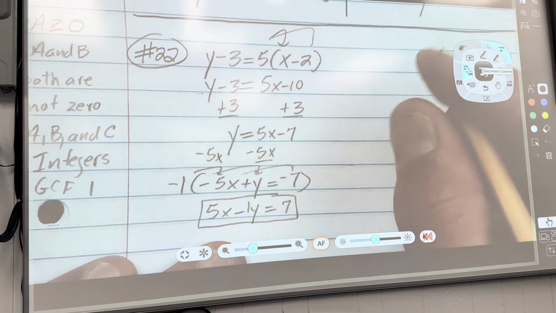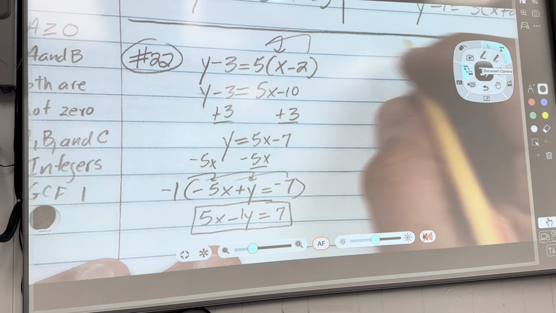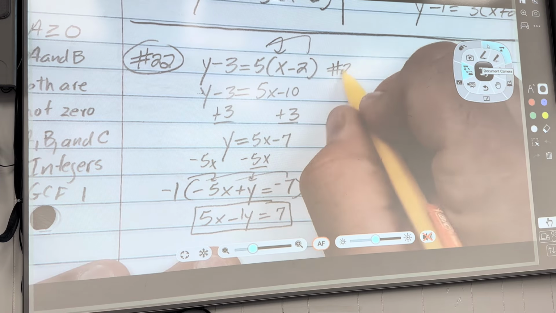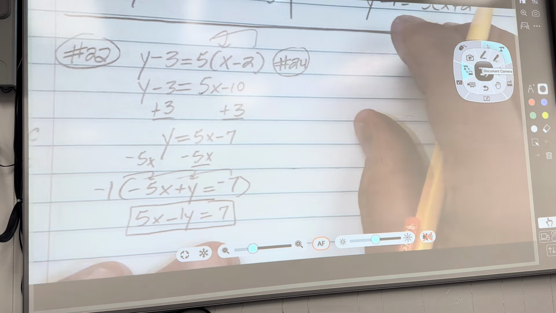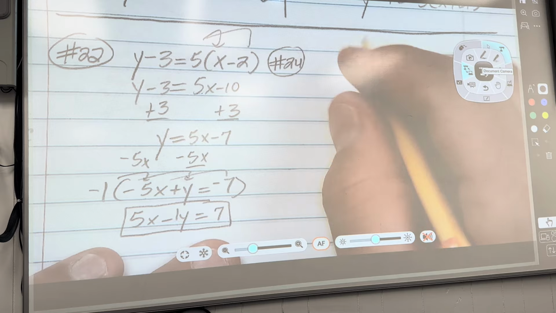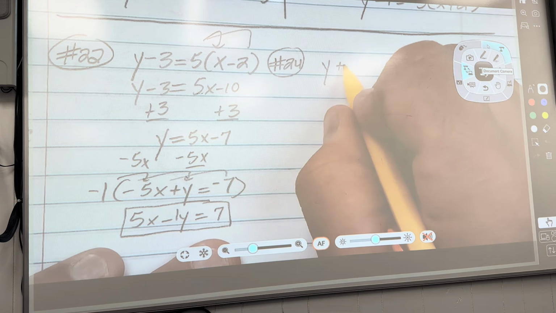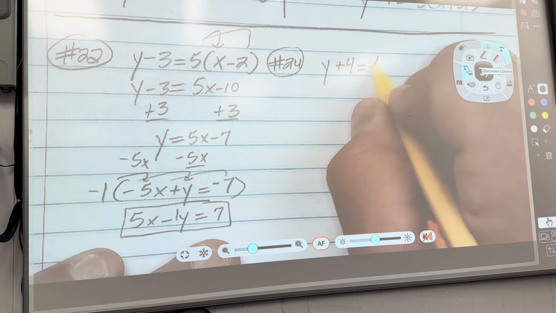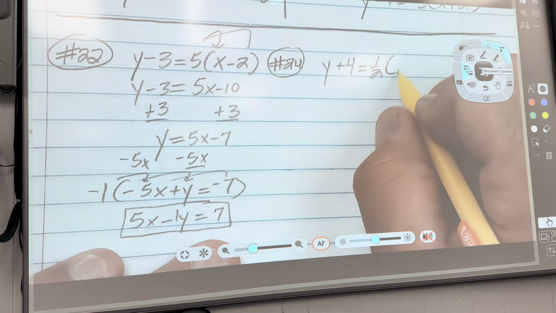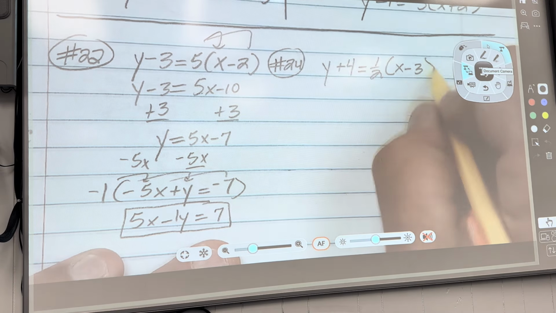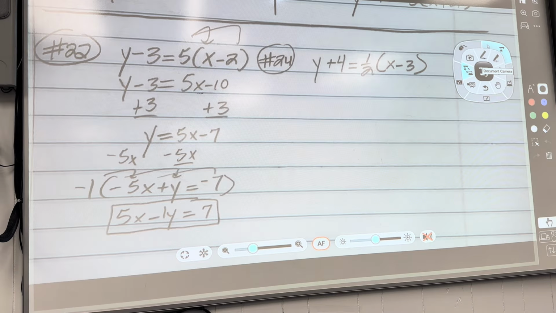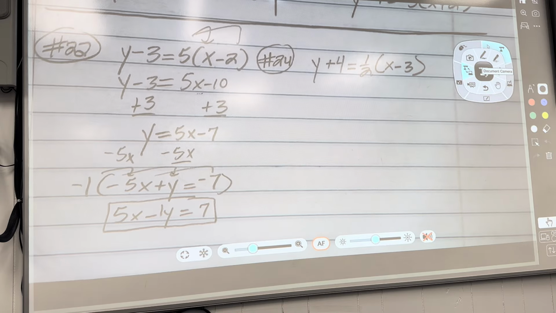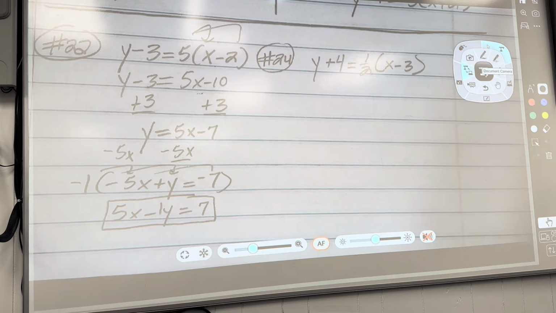Let's try that again. Number 24. Y plus 4 equals 1/2 times the difference of x and 3. That is in point-slope form. We want to put it in slope-intercept form.